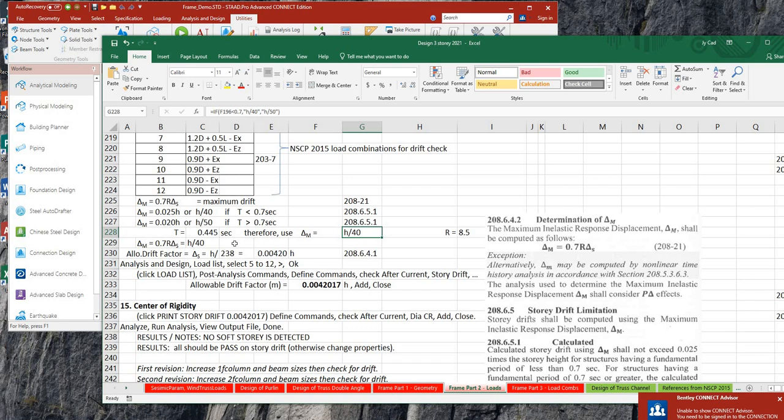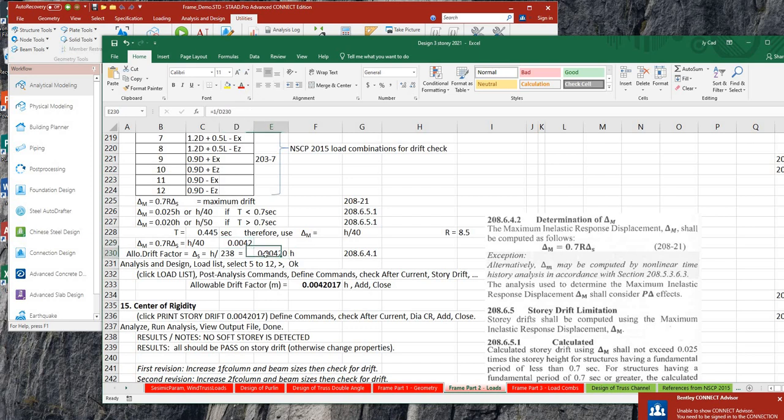So, the allowable drift is equal to 1 divided by 40, then divided by 0.7 times 8.5. It will give you 0.0042 times H. Or that is simply equal to 1 over 238.